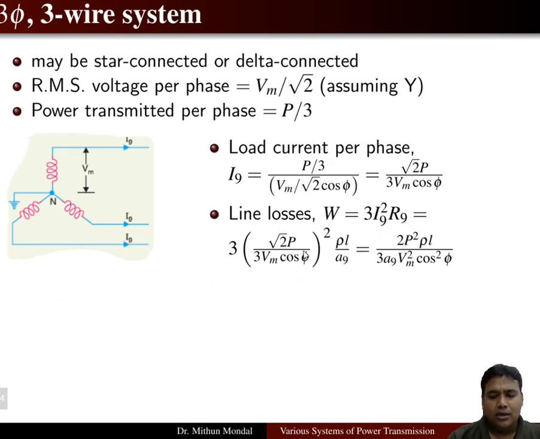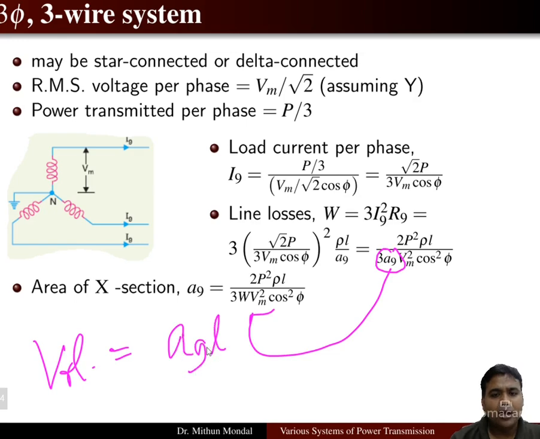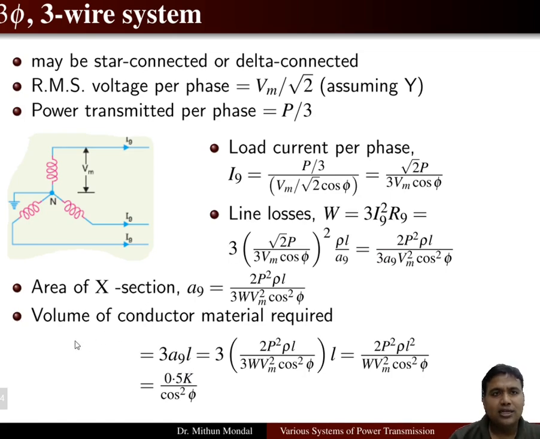Then you will determine the value of the area of cross section A9 from here, and then you will determine the volume. Volume is area into length. How many conductors are there? 3 conductors. So 3 into A9 into length gives the volume of the conductor.